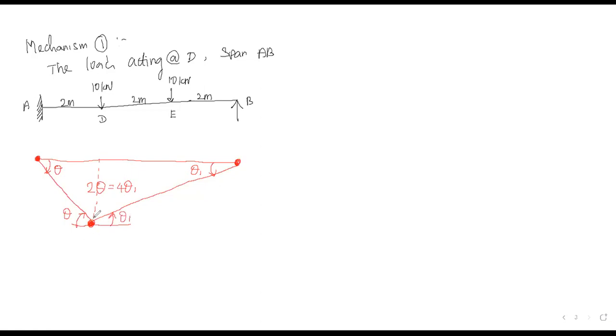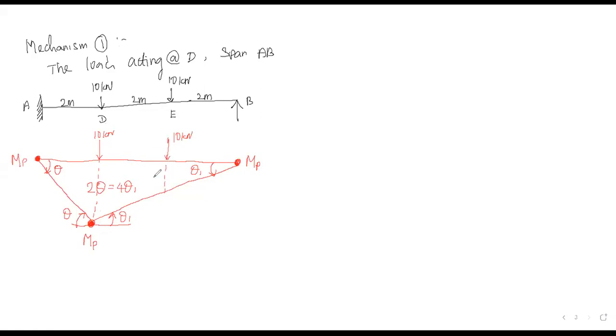Okay, now because of the load we can have another plastic hinge, MP here, MP and MP. So this is the load 10 kilonewton here and another load 10 kilonewton here.